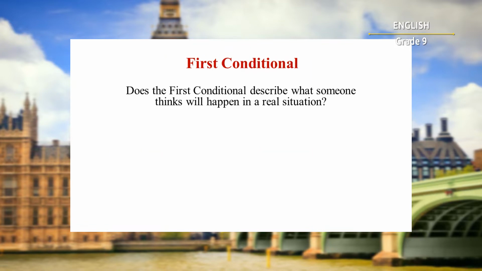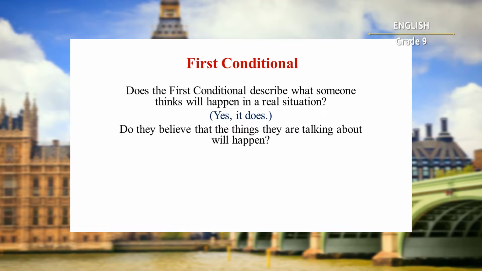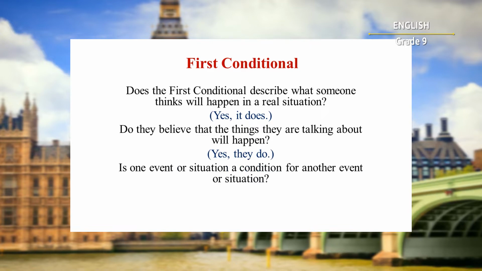Does the first conditional describe what someone thinks will happen in a real situation? Yes, it does. Do they believe that the things they are talking about will happen? Yes, they do. Is one event or situation a condition for another event or situation? Yes, it is.